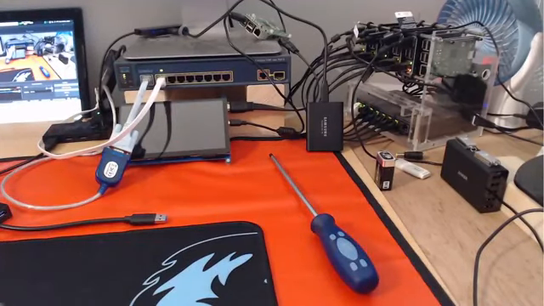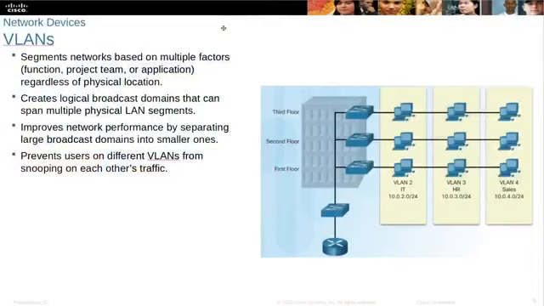So a VLAN is a very powerful way of segmenting a network. It creates logical broadcast domains that can span multiple physical LAN segments. It improves network performance by separating a large broadcast domain into smaller ones. Just as a standard switch could separate a large collision domain into small collision domains, on a switch what you ideally wish to do is run full duplex on all of the ports with only a single end device on each port.